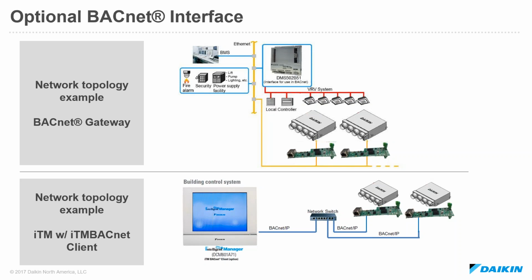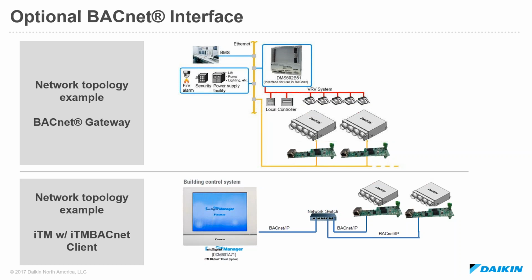What you see on the screen here is an overview of the network topology with the DZK BACnet card, and you have a couple of different options. In the case of utilizing the BACnet interface for VRV, we don't actually connect the DZK's BACnet card downstream of the Daikin BACnet interface.